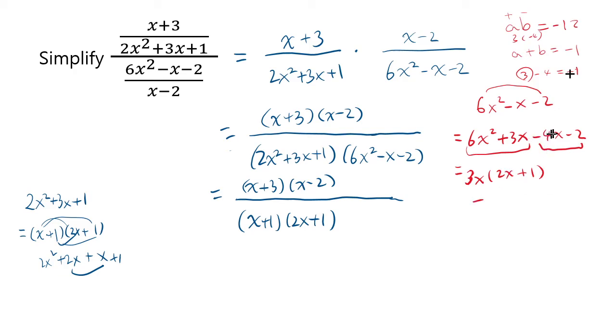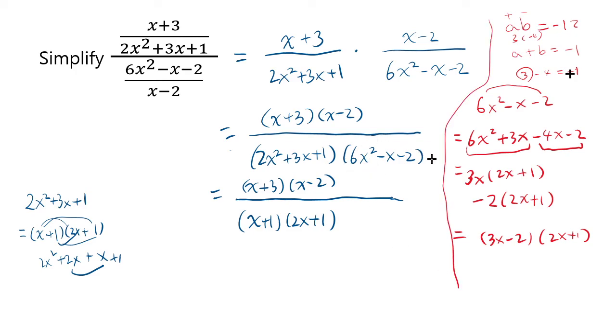Because 4 and 2 are both even, it's divisible by 2. So you get this, and then you see that 2x plus 1 is again a common factor of these two terms. You can factor the 2x plus 1 out, and you're left with 3x minus 2. So now you can replace 6x squared minus x minus 2 with 3x minus 2 times 2x plus 1.